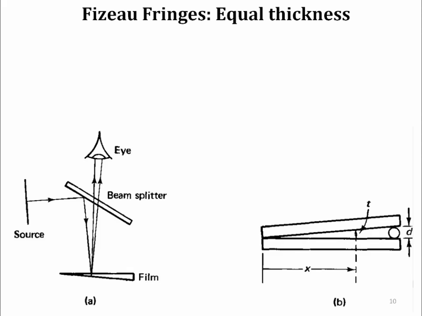Now we have to consider fringes of equal thickness, which we call the Fizeau fringes. The situation arises because of such wedge shaped films. Suppose we take two glass slides, and on one end we place a very thin, tiny object, maybe a human hair, so that the wedge angle is very small.